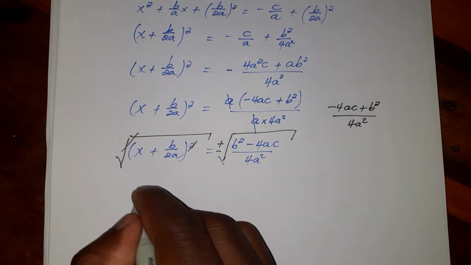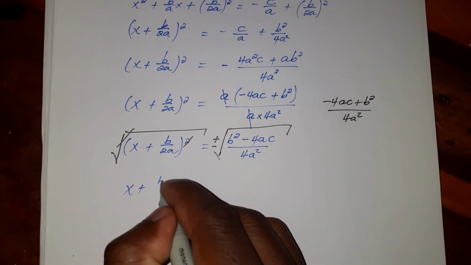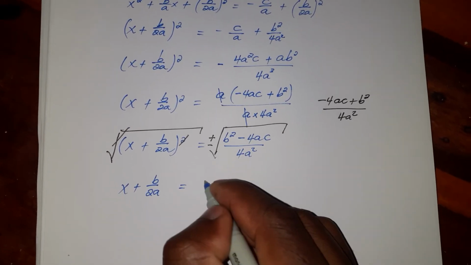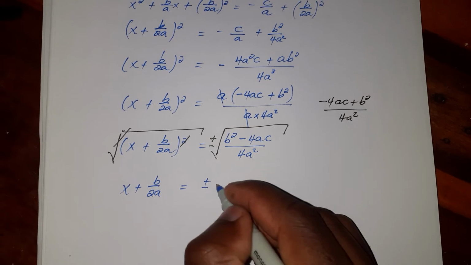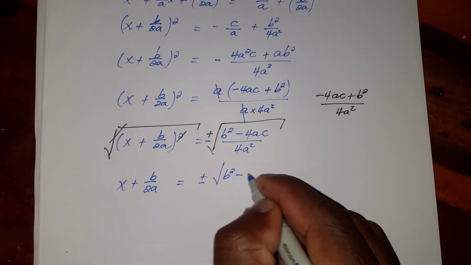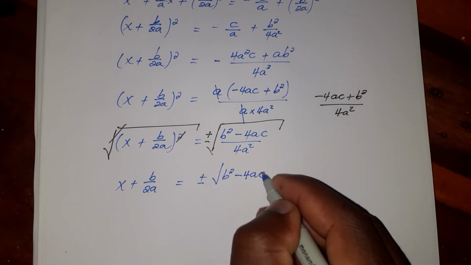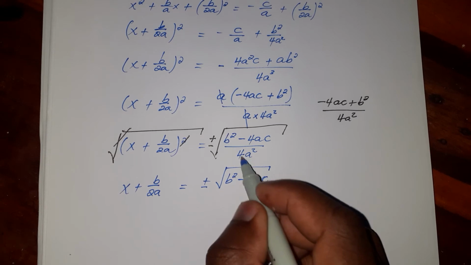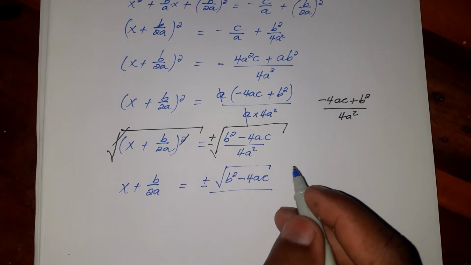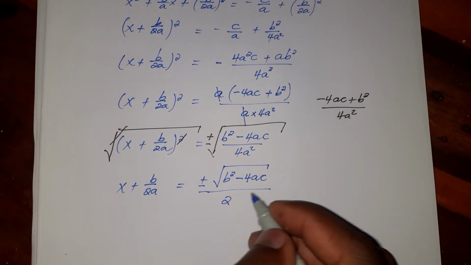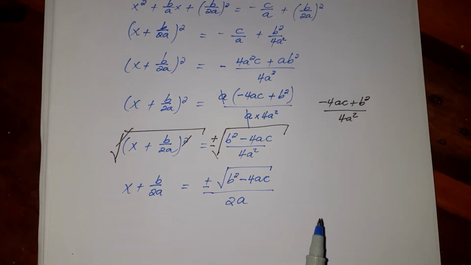Therefore we only have x plus b over 2a equals plus or minus the square root of b squared minus 4ac over, and if we take the square root of the denominator, the square root of 4 is 2, and the square root of a squared is just a.